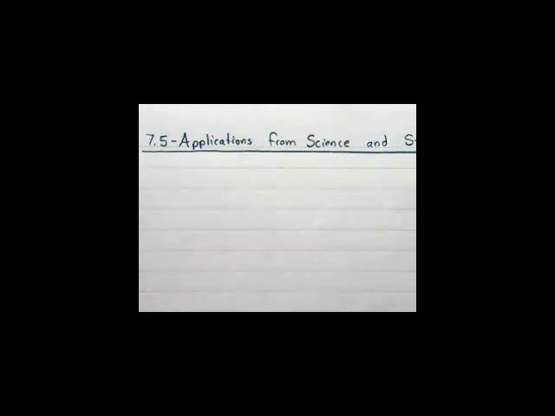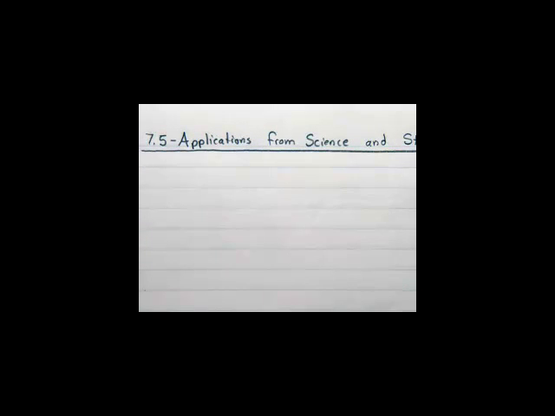All right. So, in this last section here, 7.5, Applications for Science and Statistics, there are three basic areas that we're going to look at in using integrals to solve some problems. And the first kind is solving problems involving work, which is what we're going to talk about today.